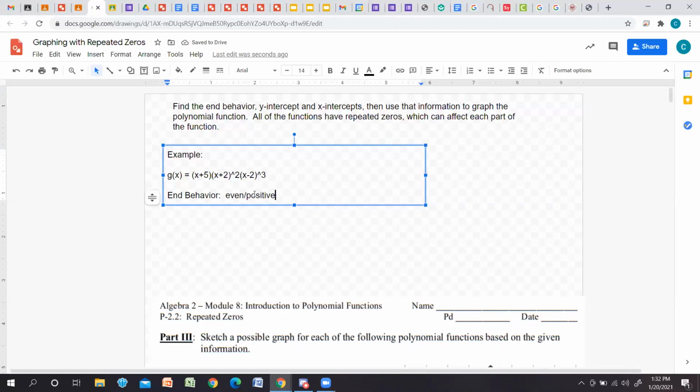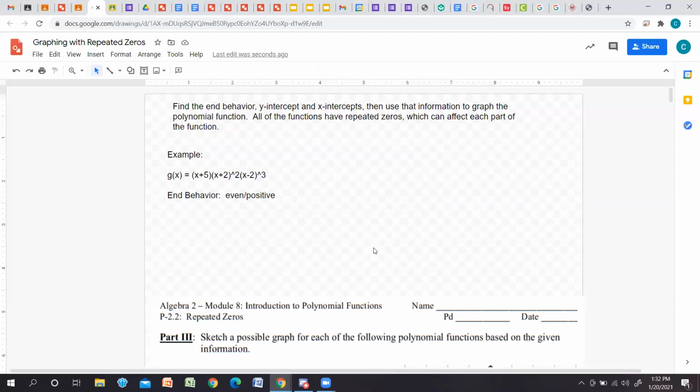And if we recall, even and positive functions means, like a parabola, both of the ends go up.